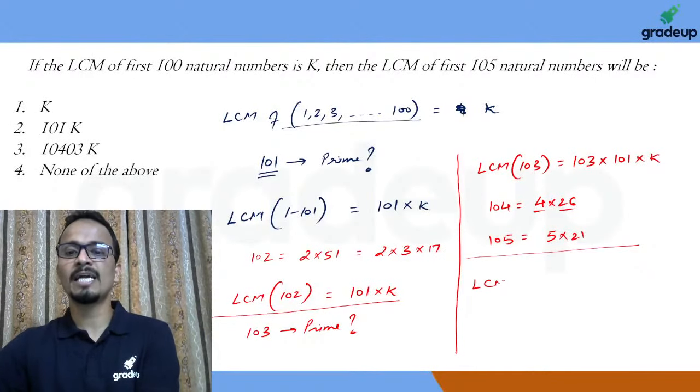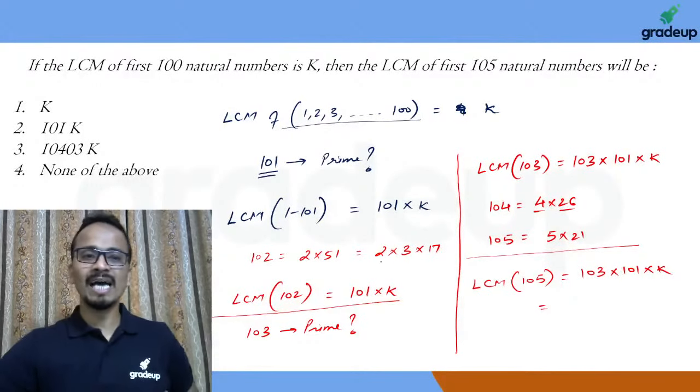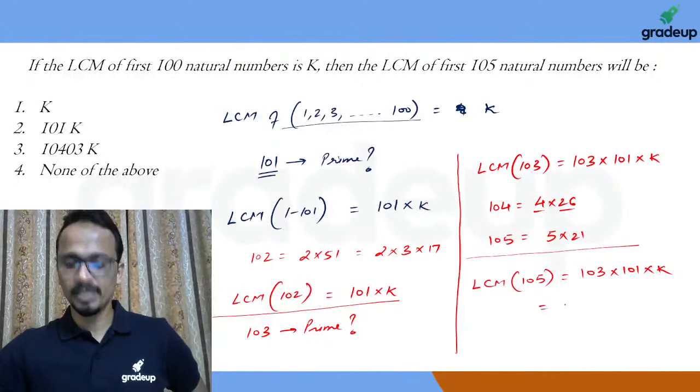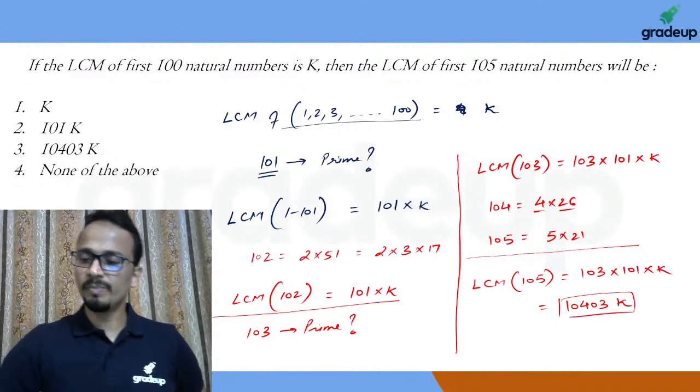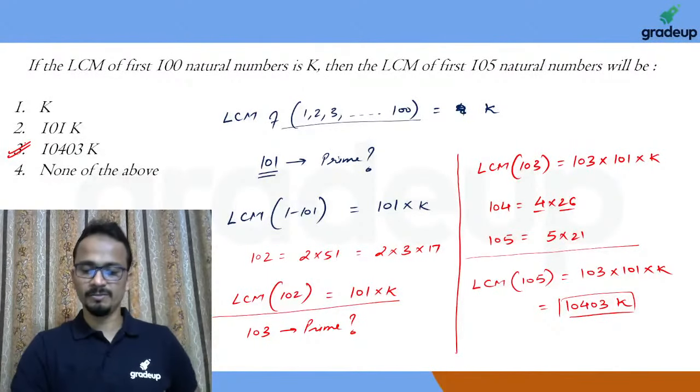So the LCM of the first 105 natural numbers will be equal to 103 into 101 into k. Now 103 and 101 multiplied come out to be 10403 times k. So this will be your final answer, and the answer is option number 3.